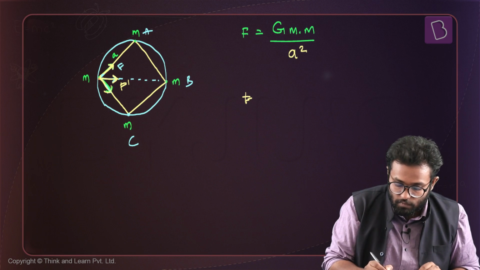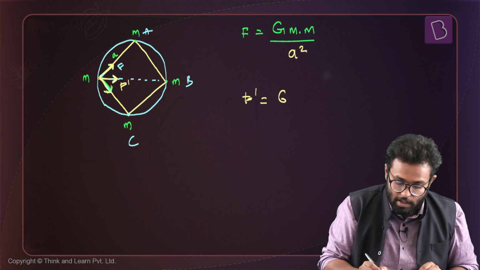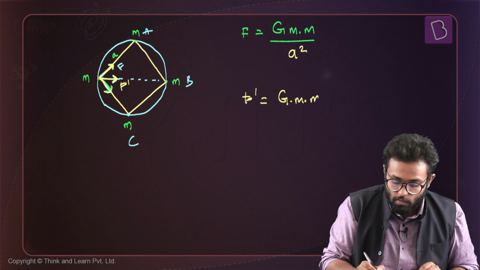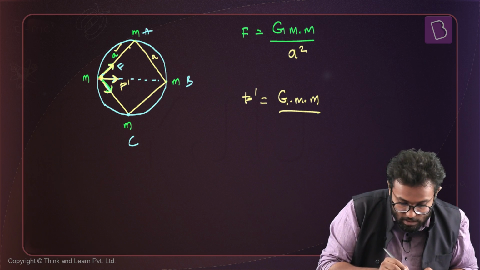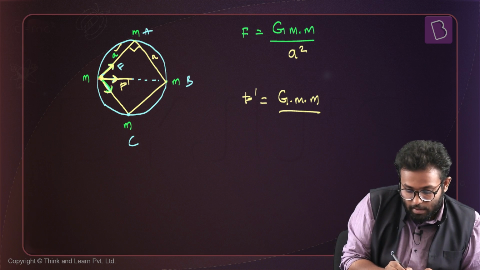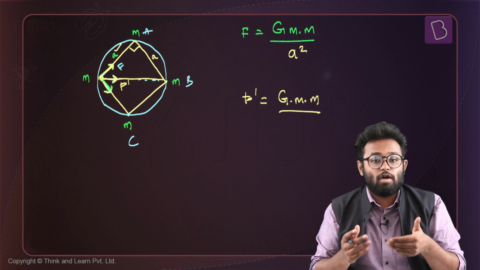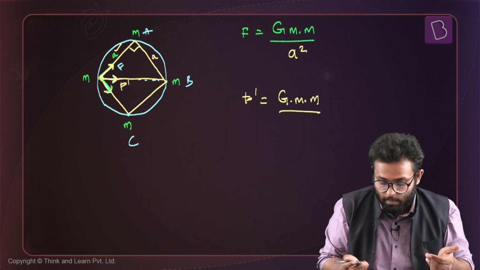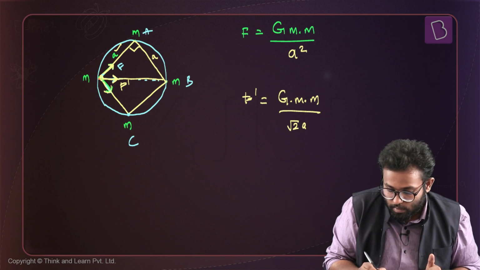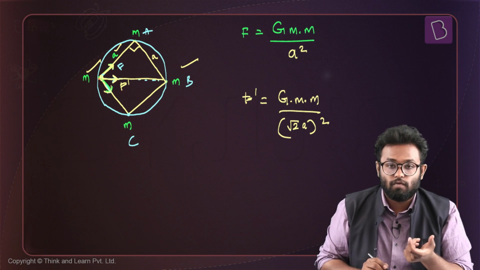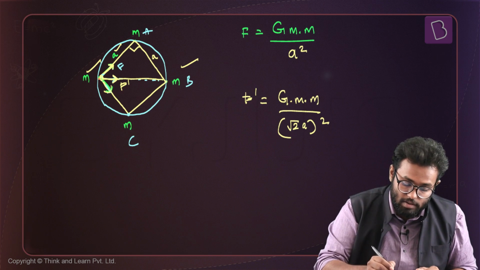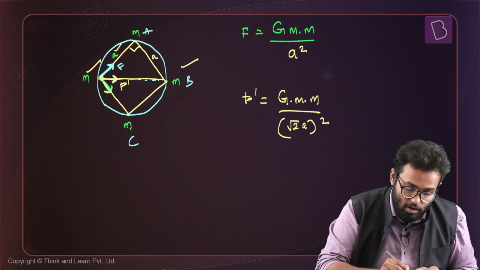F dash will be equal to G times M divided by, I know this is A and this is A, and this here is 90 degrees. So I know that this distance will be the hypotenuse, that will be root over A square plus A square, right? So that's root 2 A. So root 2 A is the distance between this mass and this mass, and square of that will give you the force. Now these two forces, however, they're equal in magnitude, but they're not in the same direction.